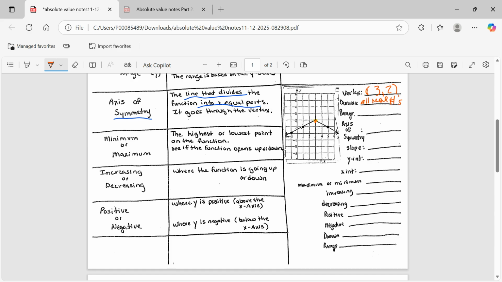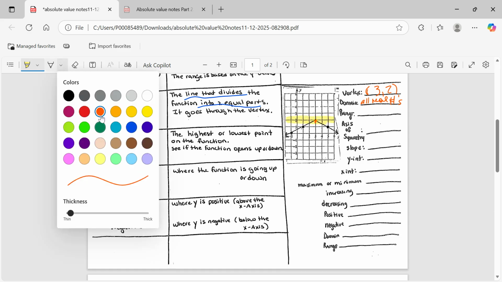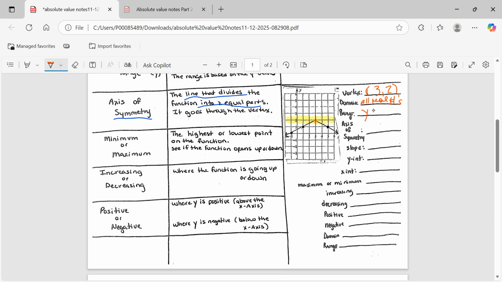The range, your highest y value is here at 2, and we see that the function is going downwards. It's everything below. So your range should be y is less than or equal to positive 2. The axis of symmetry that goes through the vertex is going to be x equals the number because it's a vertical line, and it's 1, 2, 3. X is equal to 3.